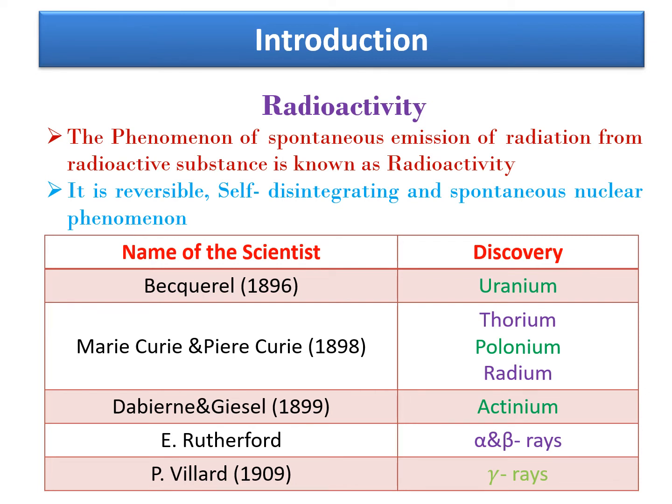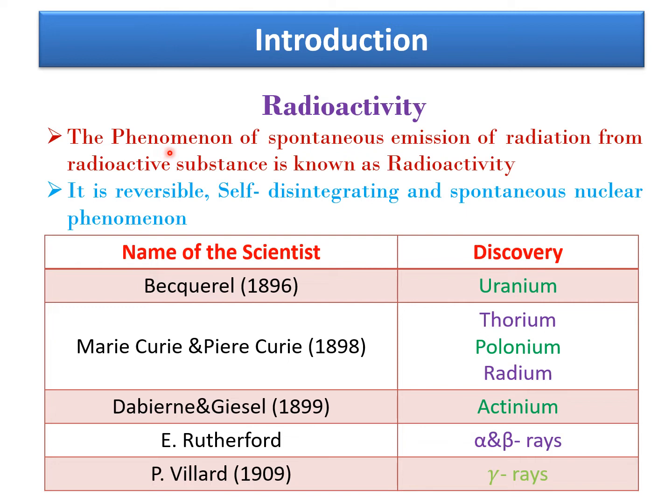Radioactivity is the phenomenon of spontaneous emission of radiation from a radioactive substance. The important word here is spontaneous; it is a natural phenomenon. Due to the unstable nucleus, spontaneous emission of radiation takes place, and this phenomenon is called radioactivity.